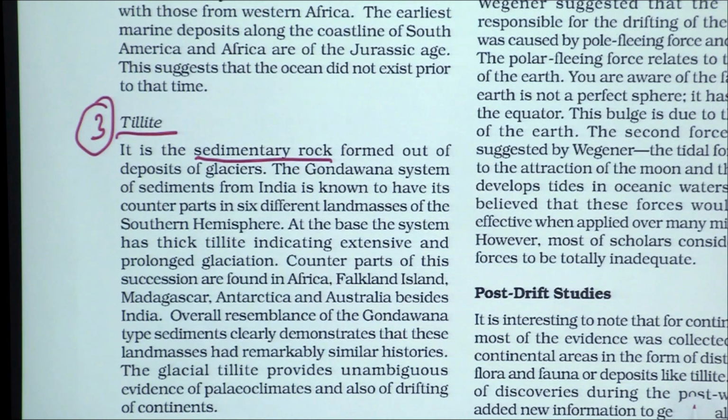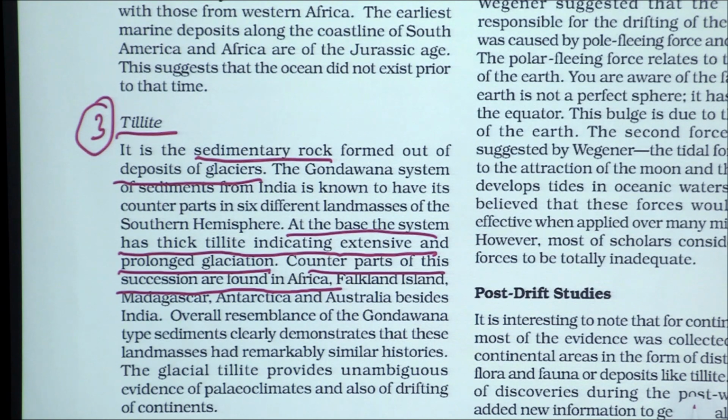These are sedimentary rocks formed out of deposits of glaciers, and they are identified in southern continents. At the base, the system has thick tillite, indicating extensive and prolonged glaciation. A counterpart of this succession is found in Africa, Falkland Island, Madagascar, Antarctica and Australia, besides India.